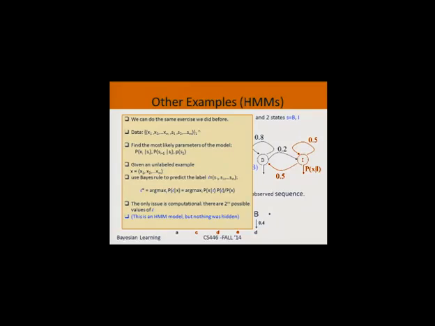So P of L is basically, consider all these labels that you've seen. If the sequence is of size 20, and let's even take the case that you have 2 states, there are 2 to the 20 different possible labels here.